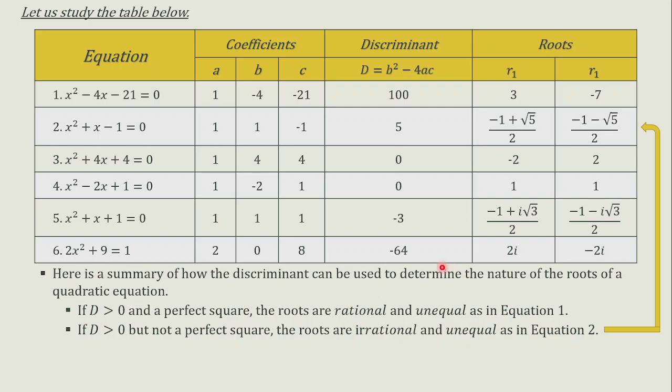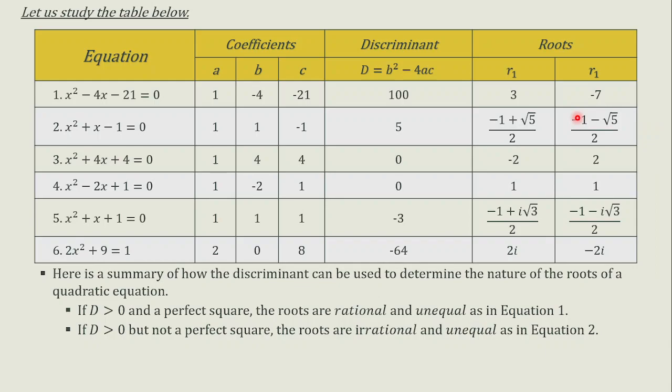When we say irrational, for example, as I told you earlier, the square root of 5 is not a perfect square, so it can be easily identified as an irrational number. And unequal, so it is not equal. Why is it not equal? Because the first root is negative 1 plus the square root of 5 divided by 2, while the second root is negative 1 minus the square root of 5 divided by 2. So again, class, case number 2: if the discriminant is greater than 0 but not a perfect square, the roots are irrational and unequal.